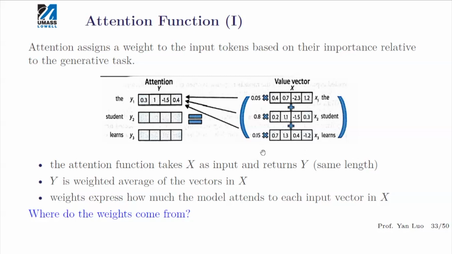These weights represent how much the model attends to each input vector in X. If you calculate, this is the final weighted average, and that's the vector representing the attention.